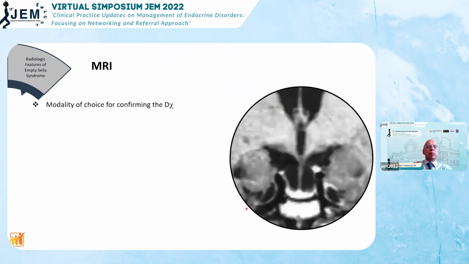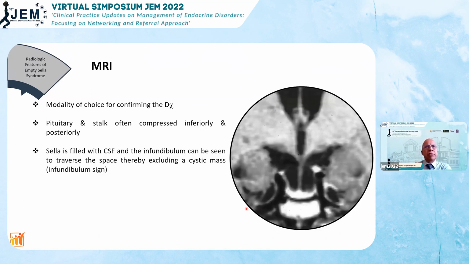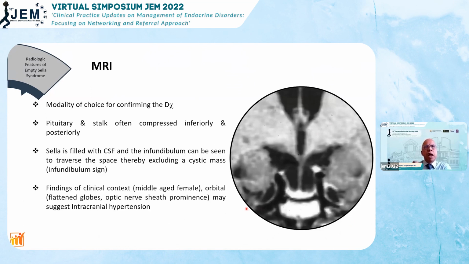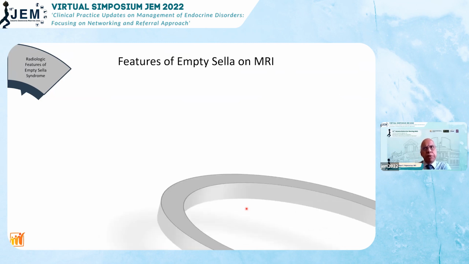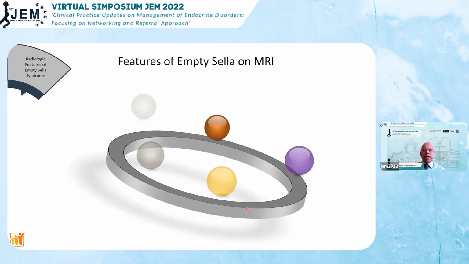So MRI is the modality of choice in the diagnosis. The stalk is compressed, the sella is filled with CSF, and the findings in clinical context are important. So if I may summarize, there are 5 features that are important to note.